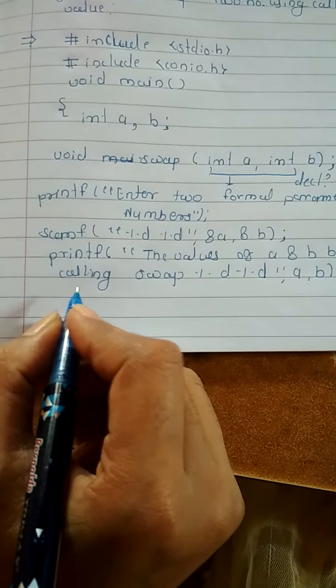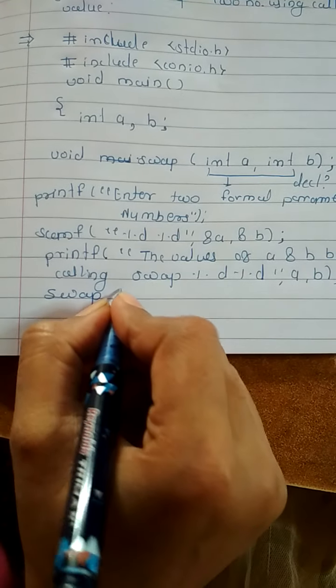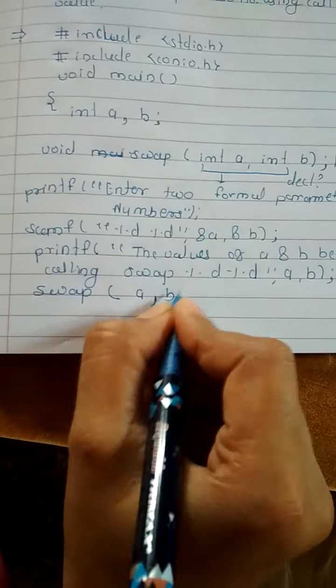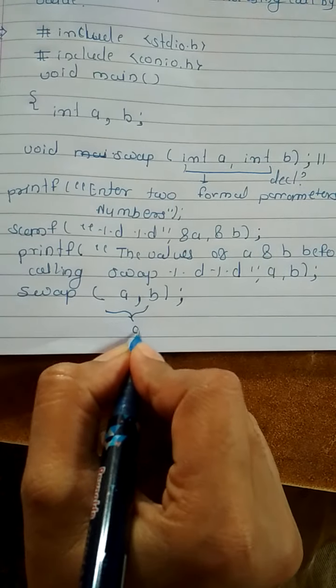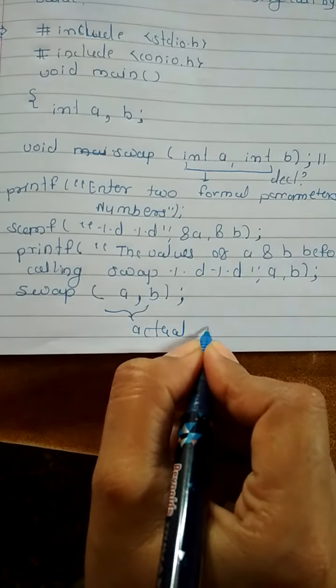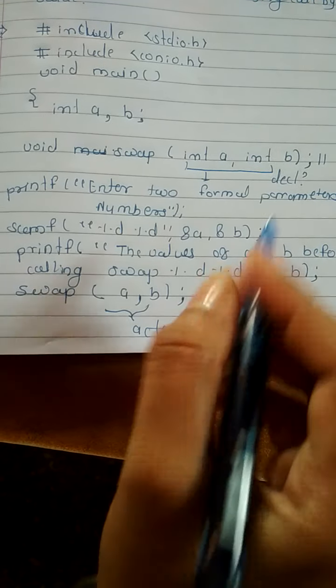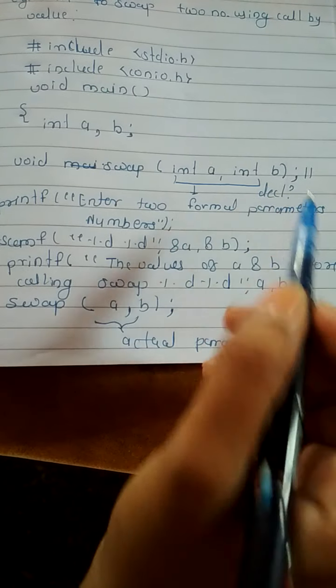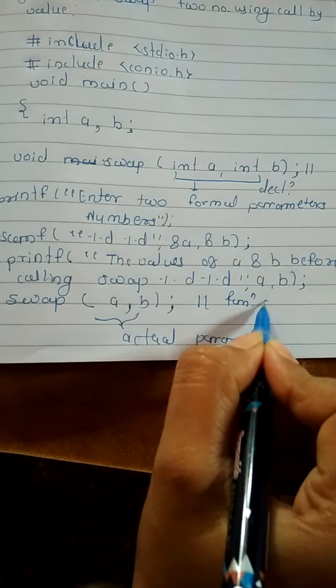After that, we call the function swap, and here we pass two parameters. These parameters are called actual parameters. This part is called the function declaration. This part is called the function call.